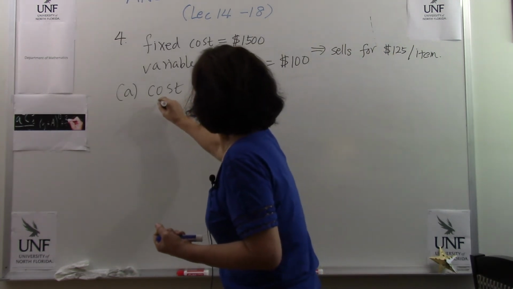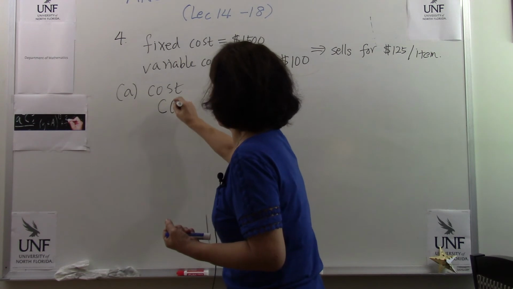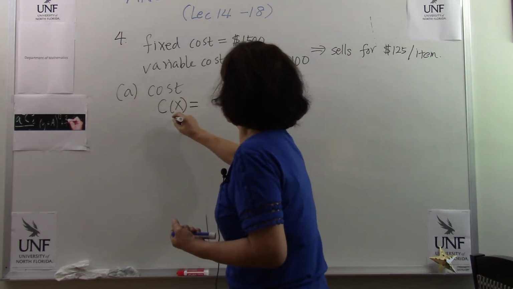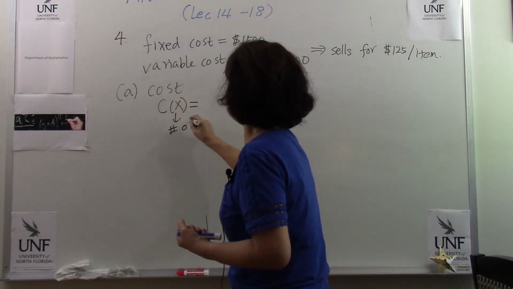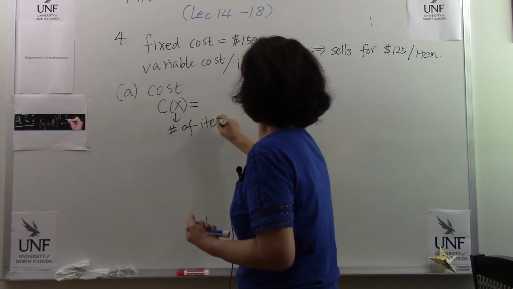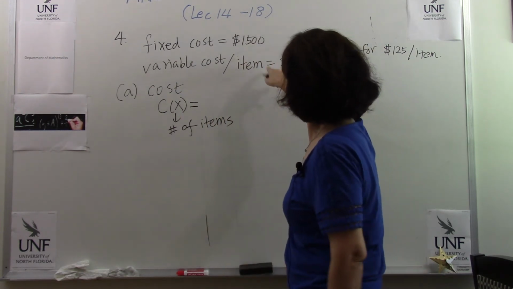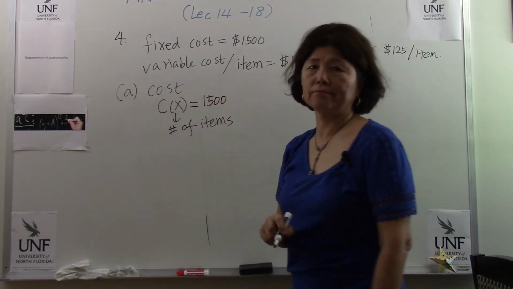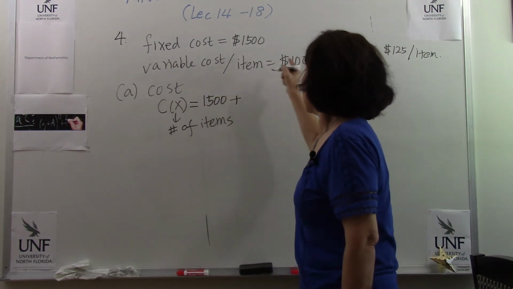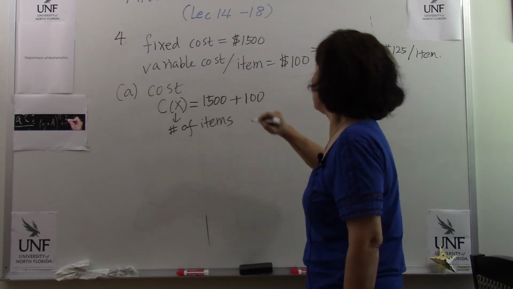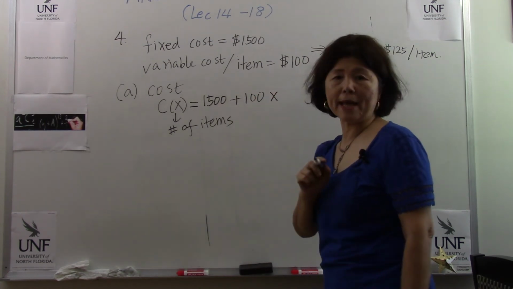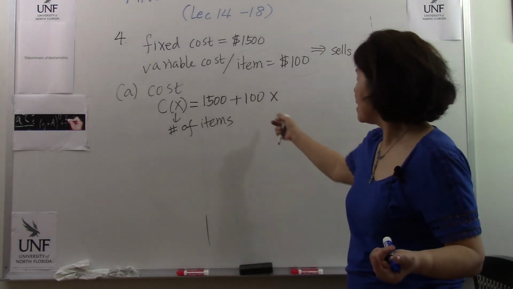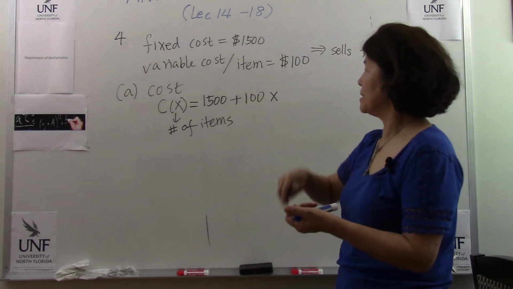So this cost, I'm going to use C of X, X is the number of items. So that is fixed cost, that one stands out first, plus each one costs $100 times X. If you want to make X items, yes, 100 times X.